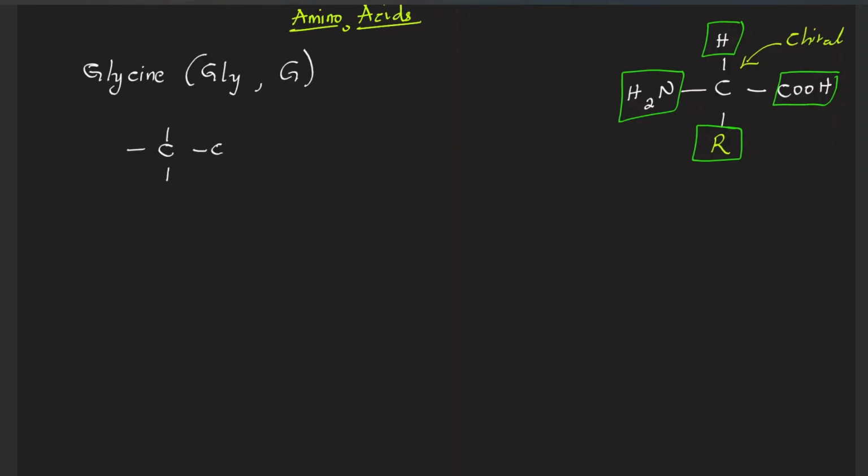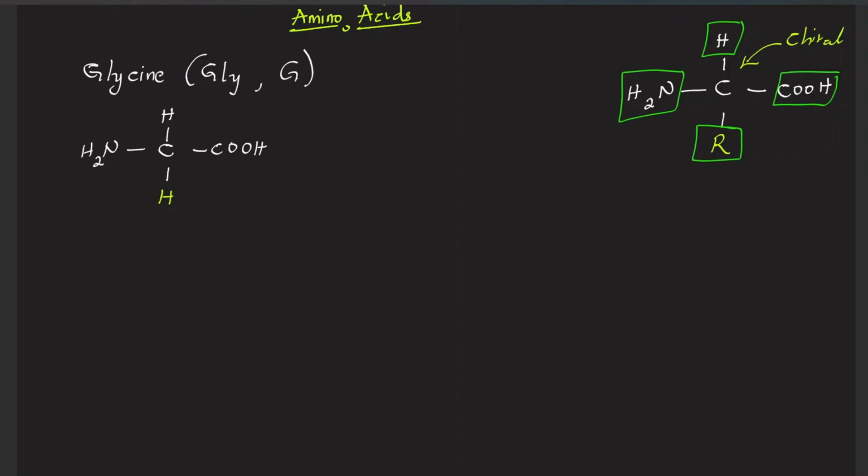It has the carboxylic acid group, the hydrogen, the NH2 group, and for glycine, the R group is just a hydrogen. And because it has 2 hydrogens attached to the carbon, this makes the carbon achiral. So glycine has an achiral carbon center attached to 4 groups.